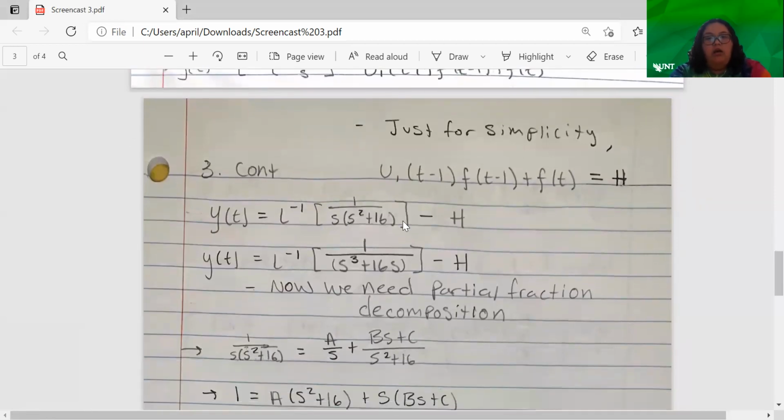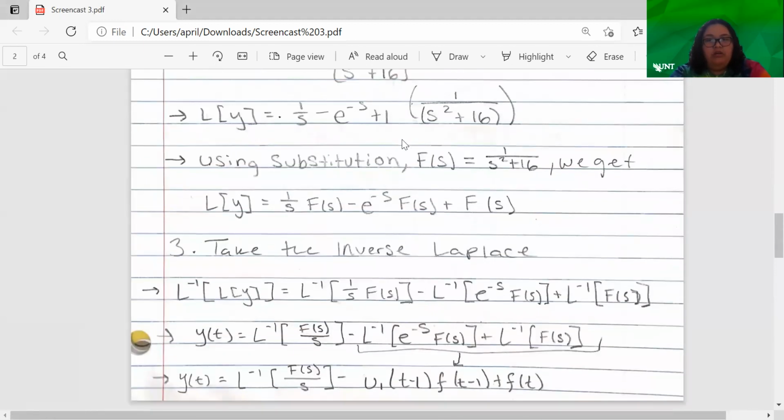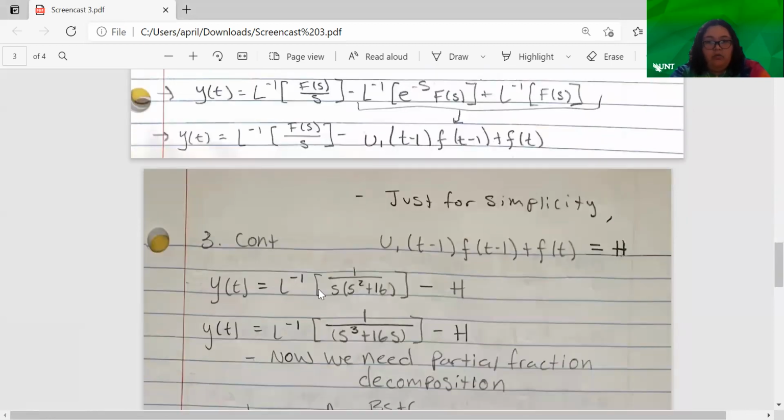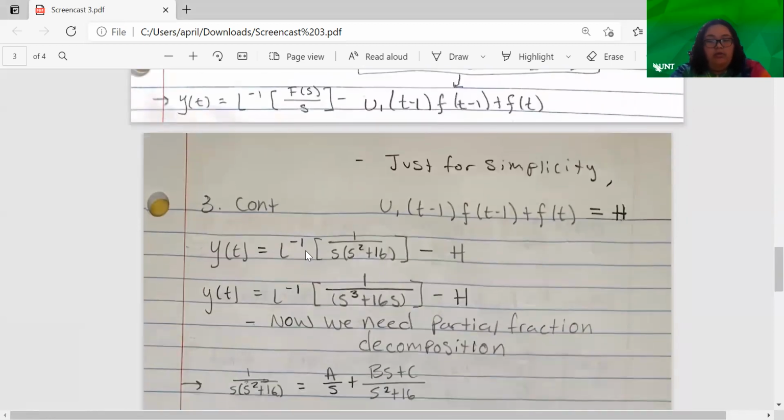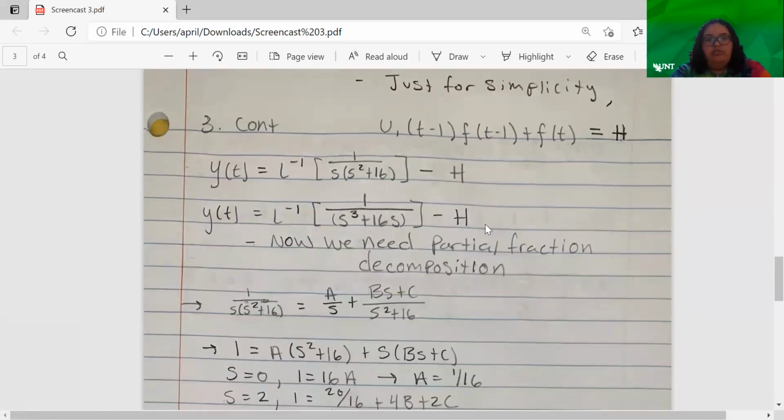Here, we plugged F of s back into our substitution from up here. We're plugging it back into this equation, and now we're going to be able to solve it, just distributing the s right here.